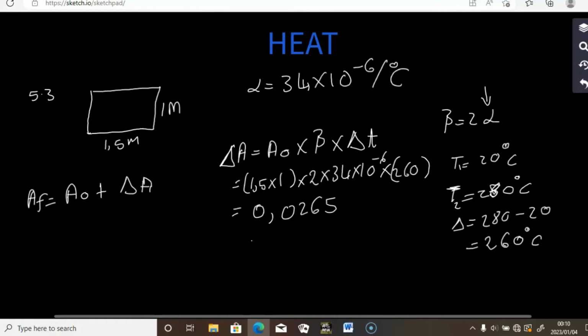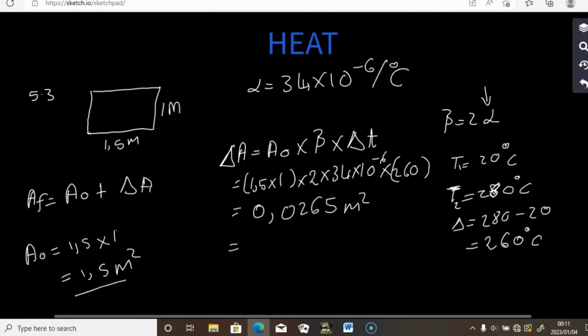So we are going to have, because the original area is 1.5 times 1, which gives us 1.5 meters squared. Therefore this is also meters squared.